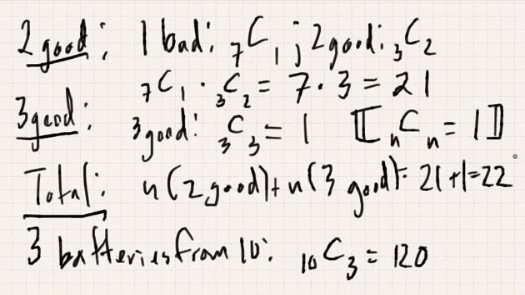So my chances of pulling out at least 2 good batteries are pretty bad compared to the number of ways that I could pull out any 3 batteries, because there are only 22 ways that I can pull out at least 2 good batteries, whereas pulling out 3 batteries from the 10, there are 120 ways of doing that.